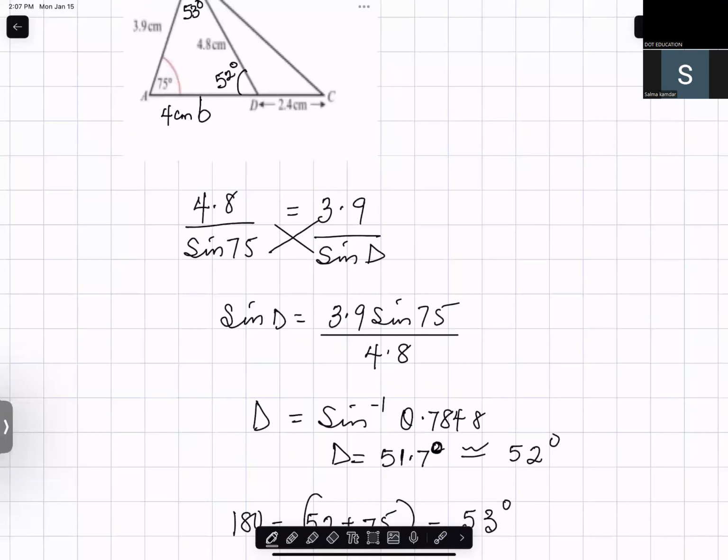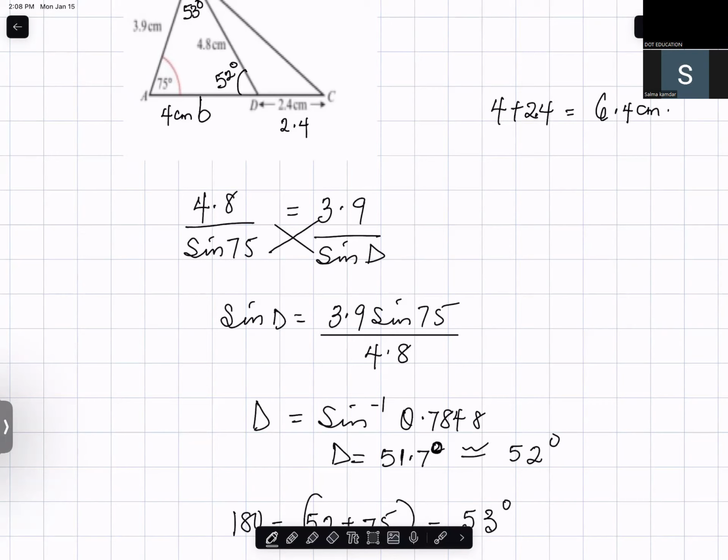So I have 4 plus 2.4, sorry, 2.4, not 24. So 4 plus 2.4 gives 6.4 cm. Have you gotten that?